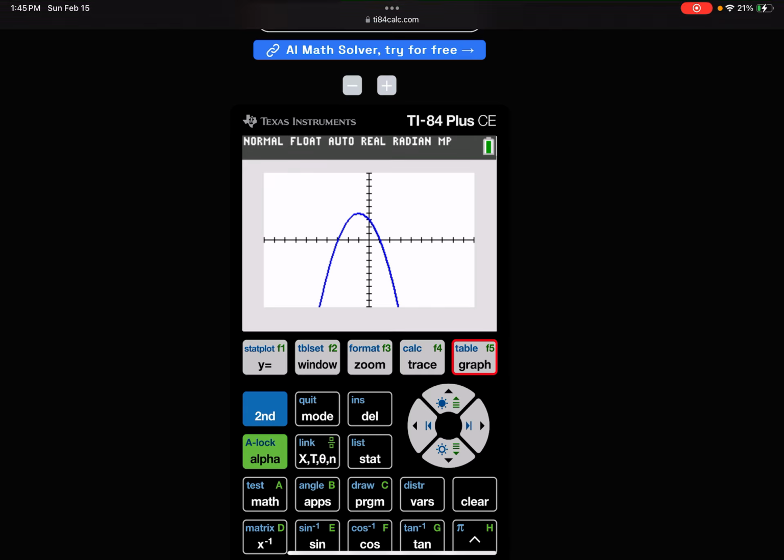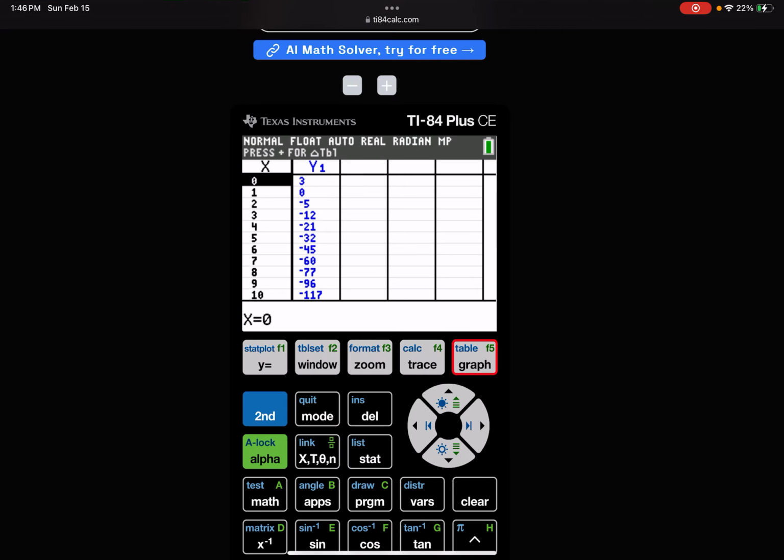And so I can find 3 points on this calculator. I can find the x-intercepts, which there's 2 of. One over here, right there, and then the other one is over here. I can find those 2 points by going to the second graph and going to the table, which might be easier.